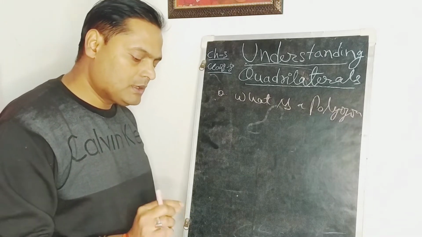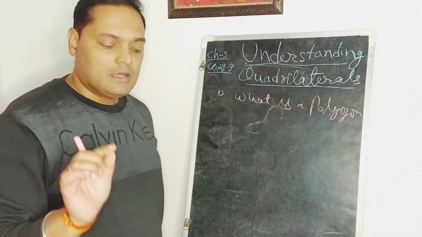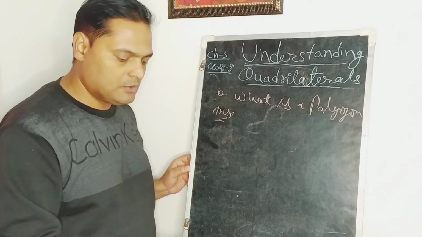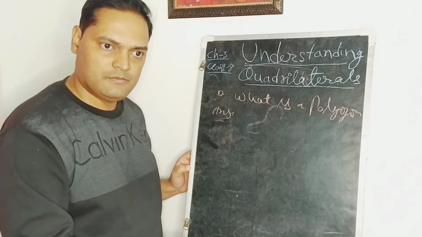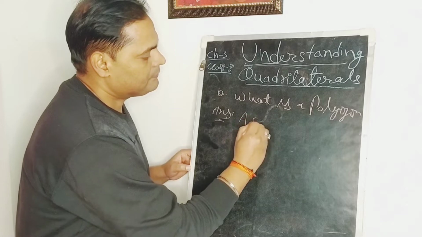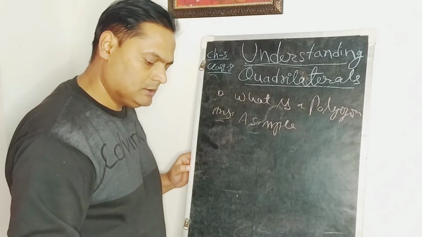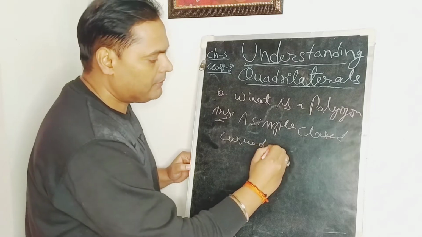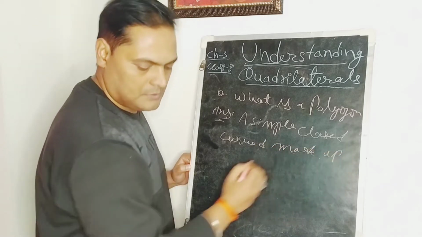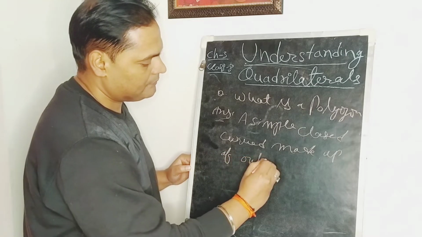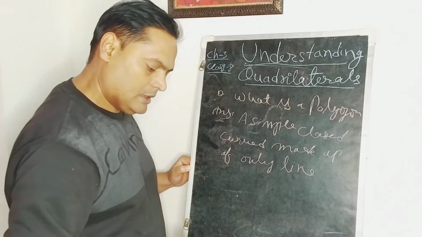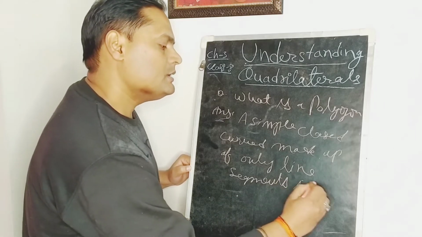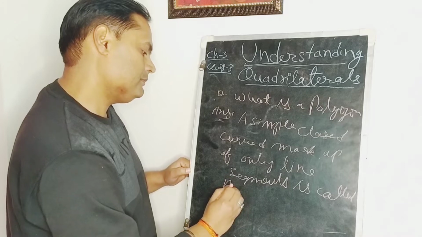A simple closed curve made up of only line segments is called a polygon. The definitions are also given in the book, and you can refer to them from there as well.